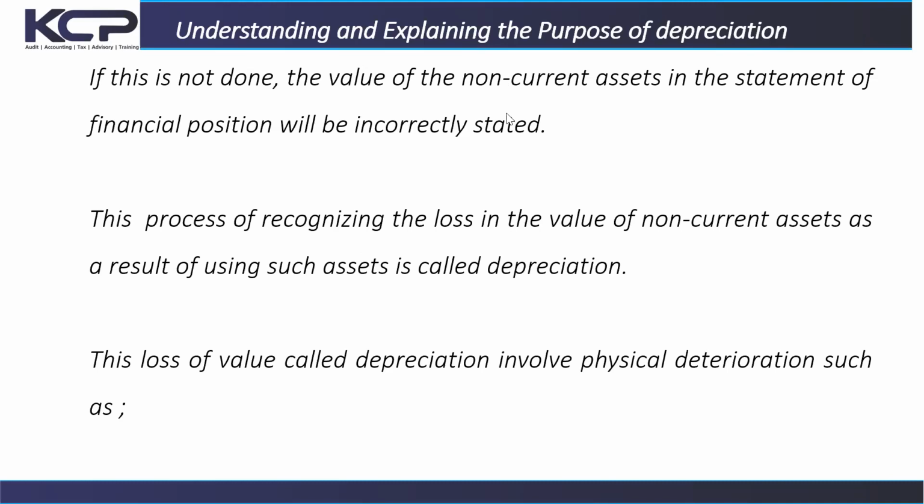Okay, but it will be presumed to have been impaired if the net realizable value from that very asset is less than the book value of that asset. That is when we say it has impaired.